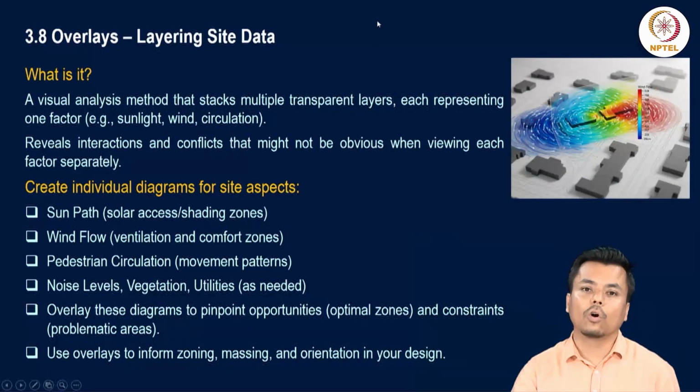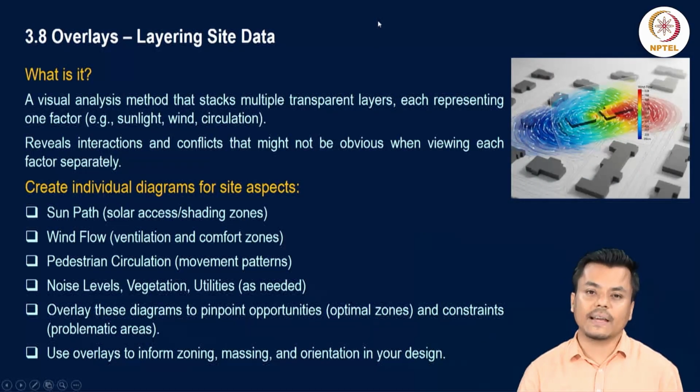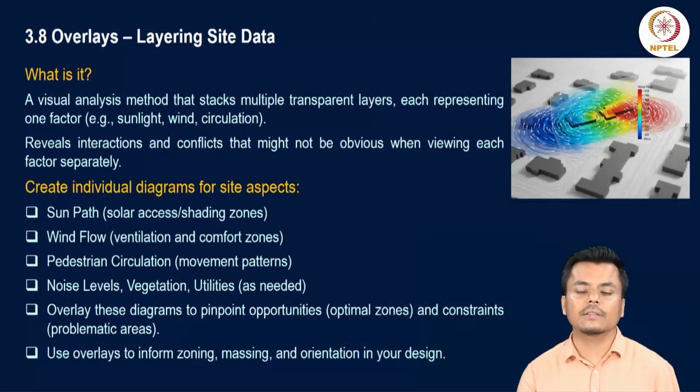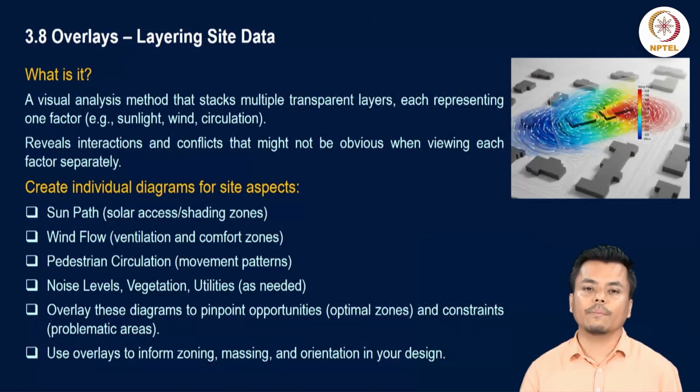Then next is overlaying, that means layering the site data. Within the site you will try to come up with different analyses for the site. For example, the prevalent sunlight direction, the prevalent wind direction, the circulation pattern in and around the site.